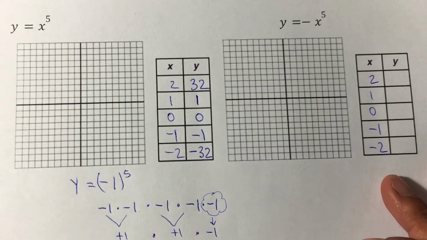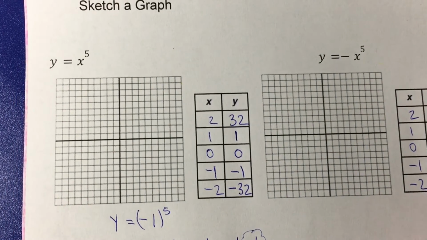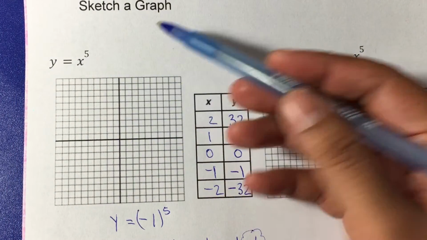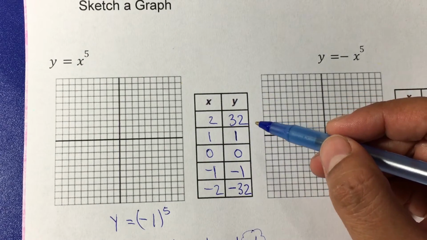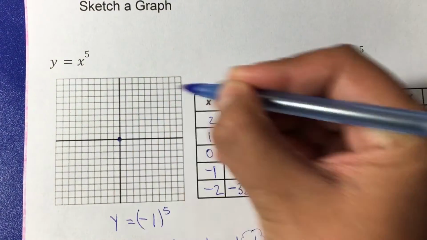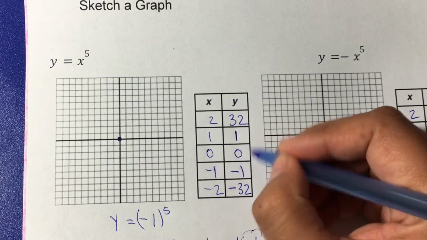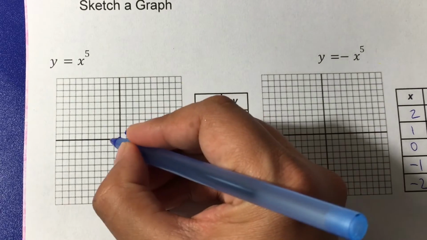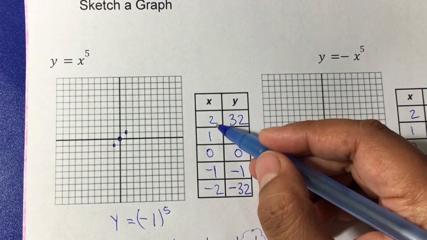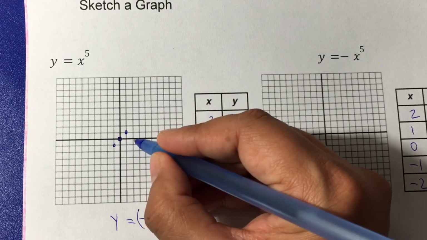And of course, we're not going to have enough points in here. We're not going to be able to graph this one, so it's just a very rough sketch. 0, 0, we're able to graph. 1, 1, we're able to graph. Negative 1, negative 1. But then we have 2, 32.